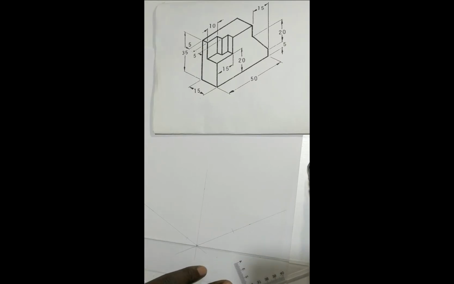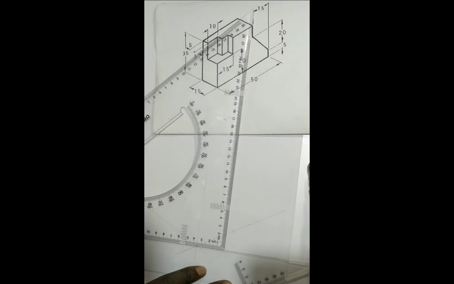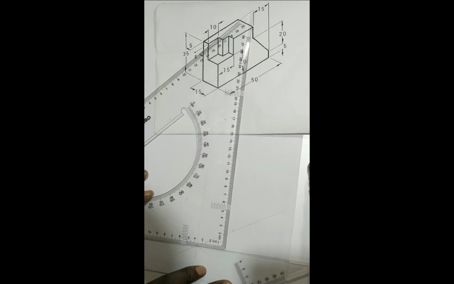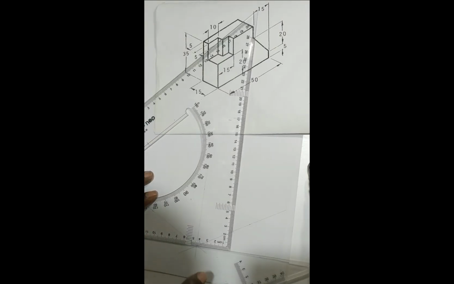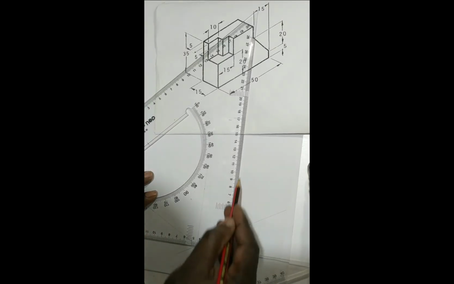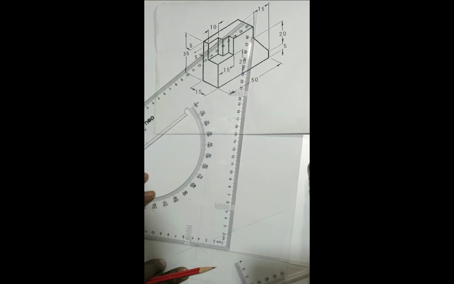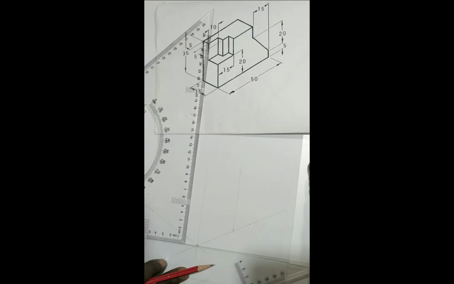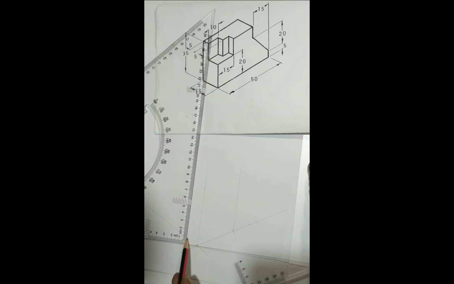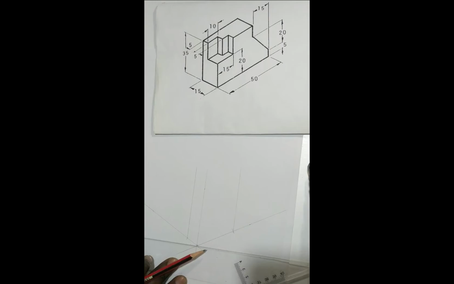So you align your set square with the horizontal. So I'll bring the other set square, draw that vertical line, then come to the point of 15, draw the vertical line.